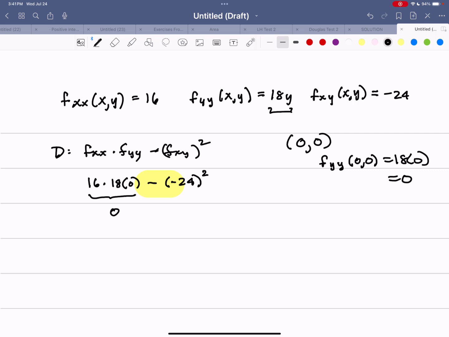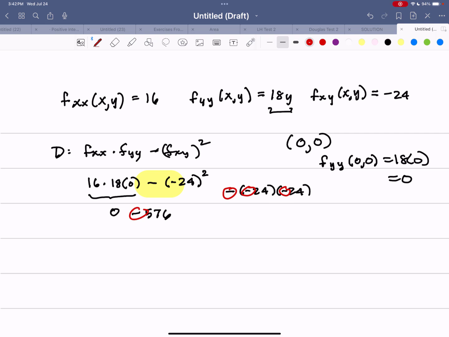So it's negative 24 times negative 24, which is 576. But it's the opposite of that, so it's minus 576. You have to think of it this way. This is a negative and a negative 24 and another negative 24. So look, you have 1, 2, 3 negatives, therefore it's negative.